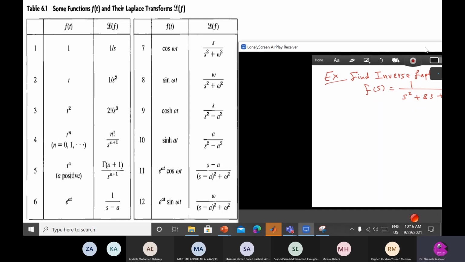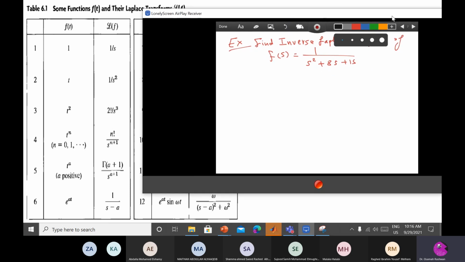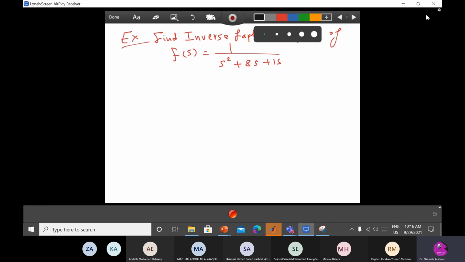I think I have something similar if I complete the square, or if I do the partial fraction. What is the point of doing the partial fraction? Yes, because I have 1 over s minus a, which has inverse Laplace e to the at. So I can manage with e to the at if I make a partial fraction. This is the point of using the partial fraction.